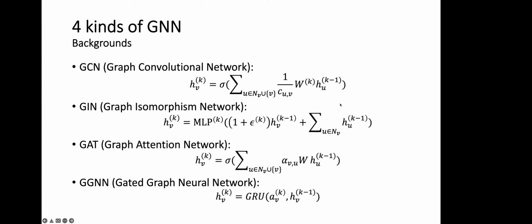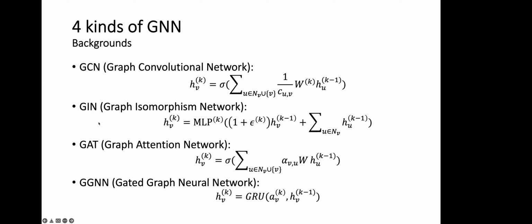So first, for the GCN, the graph convolutional network, we can see it takes the average of the messages of its neighborhood to calculate the node's representation.